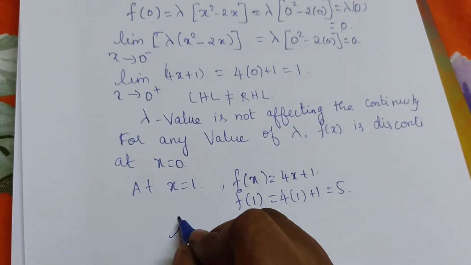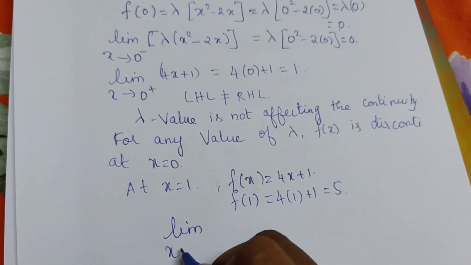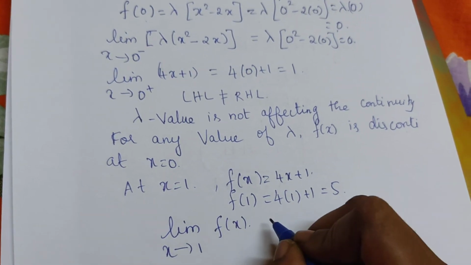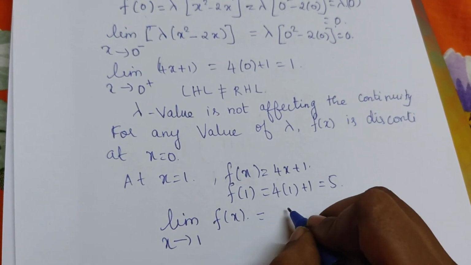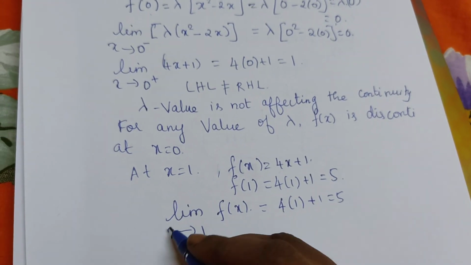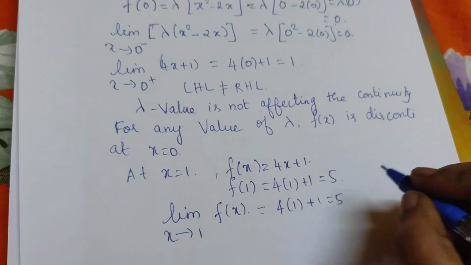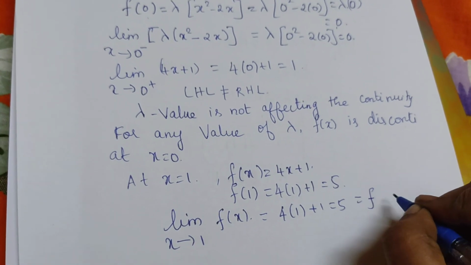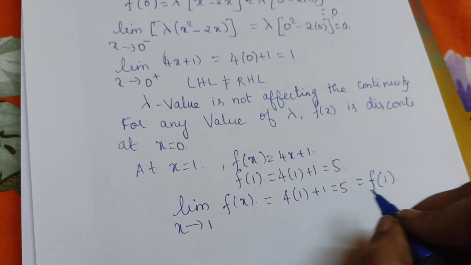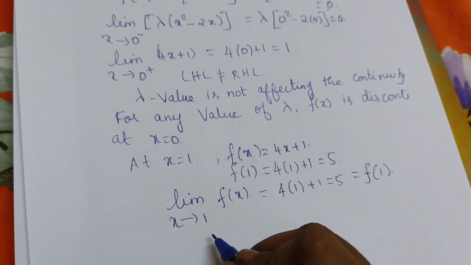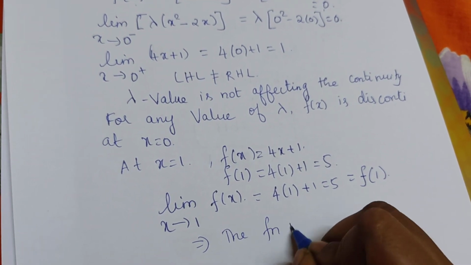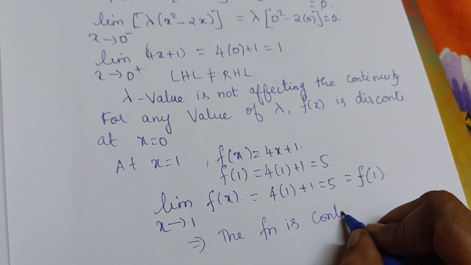And we will calculate the limit of f of x as x tends to 1. So the limit of the function as x tends to 1 is 4 into 1 plus 1, again 5. Here this limit of the function as x tends to 1 is equal to the functional value at x equal to 1. So we can say the function is continuous.